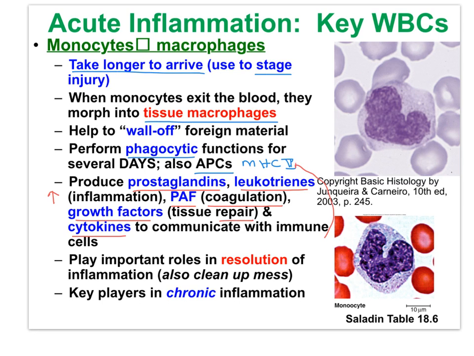That's part of this MHC presentation part. Because they secrete growth factors, they're very, very important in the resolution phase when we're cleaning up the mess. These are key players also in chronic inflammation. As we'll see in the next lecture, macrophages and also lymphocytes are major cues that you have a chronic inflammatory status.